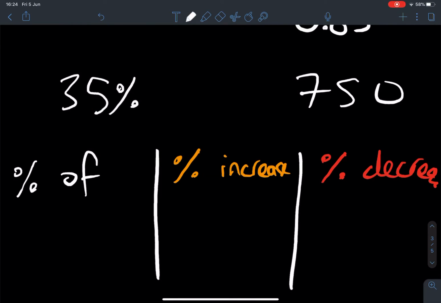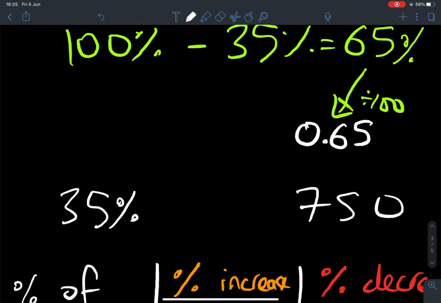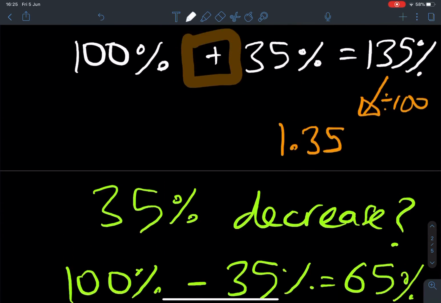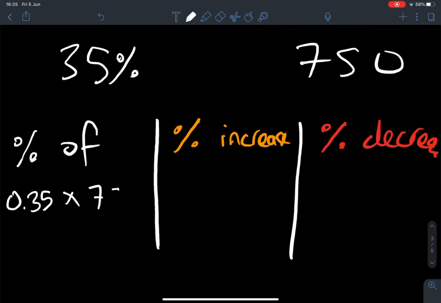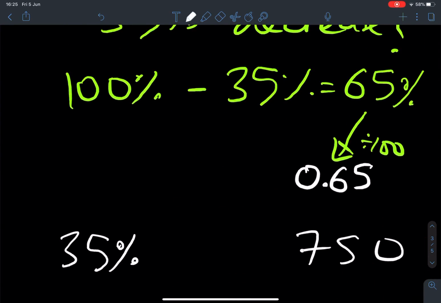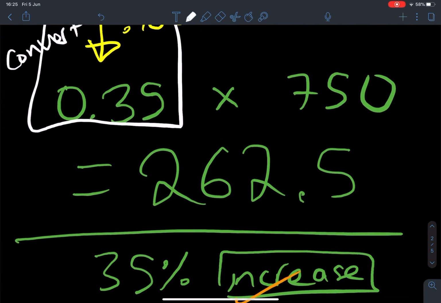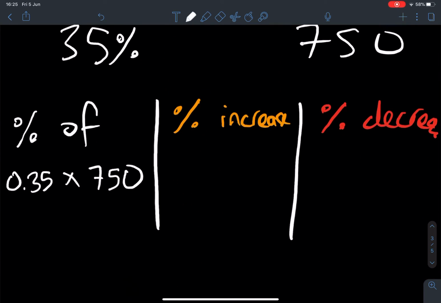Okay, so percentage of, I literally convert and multiply. So 35% is 0.35, and then I times it by 750, which as we worked out earlier, is 262.5.